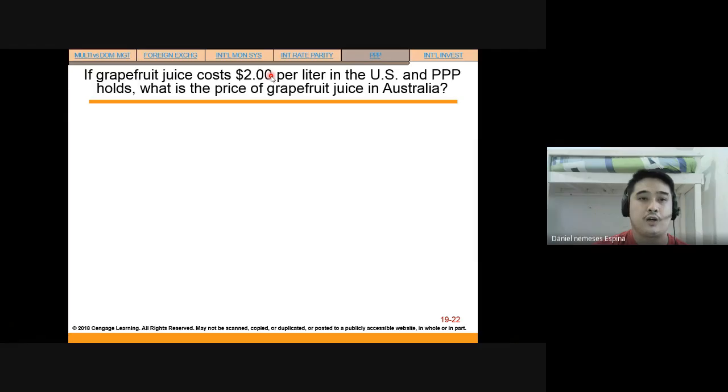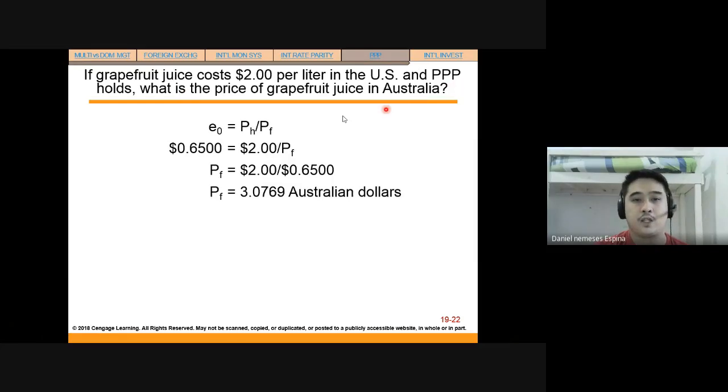So for example, the grapefruit juice costs $2 per liter in the US. If the purchasing power parity holds, what is the price of the grapefruit juice in Australia?